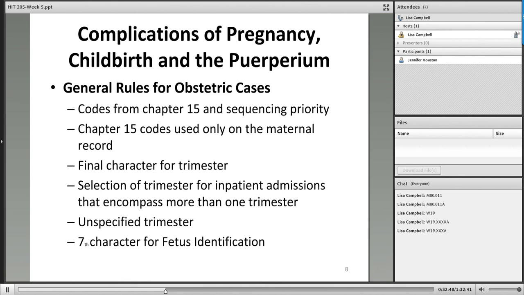So the question that you should be asking yourself is, well, which one do I go with? Are they in the second trimester, or are they in the third trimester? Well, let's see what the guidelines state.